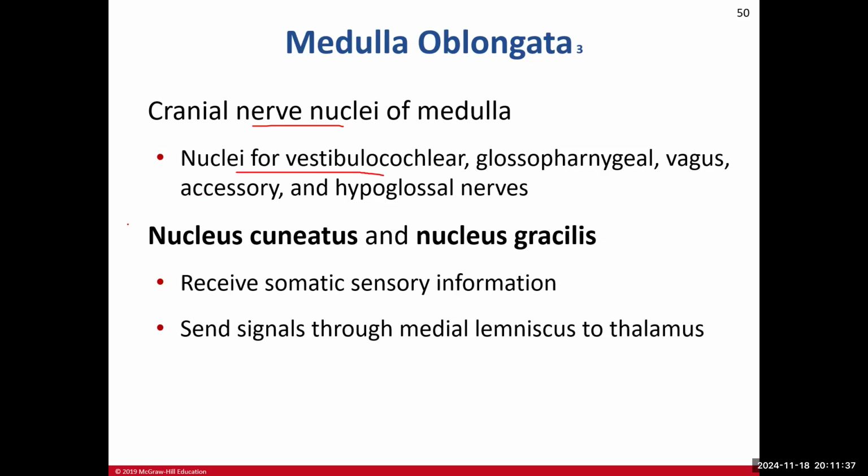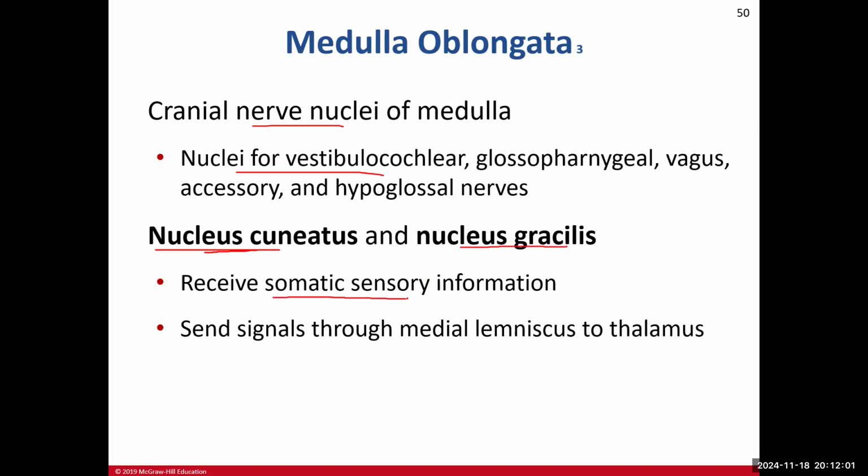I'm going to mention this now because we're going to be talking about it later on in chapter 14, the nucleus cuneatus and the nucleus gracilis. Those two structures are going to sit in the posterior portion of the medulla oblongata, and they're going to receive somatic sensory information.